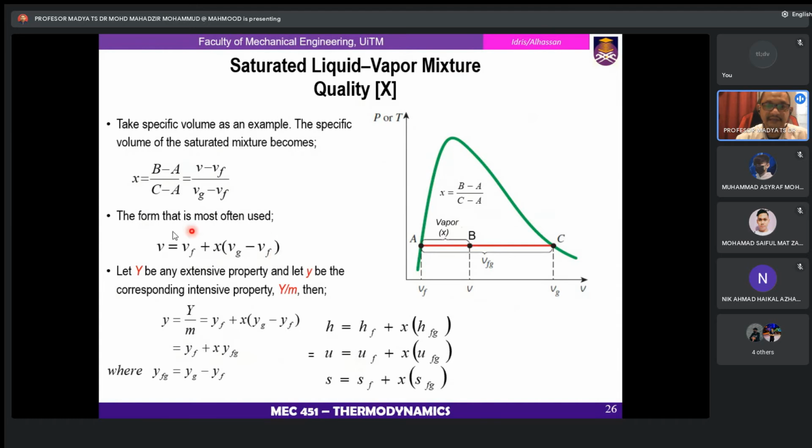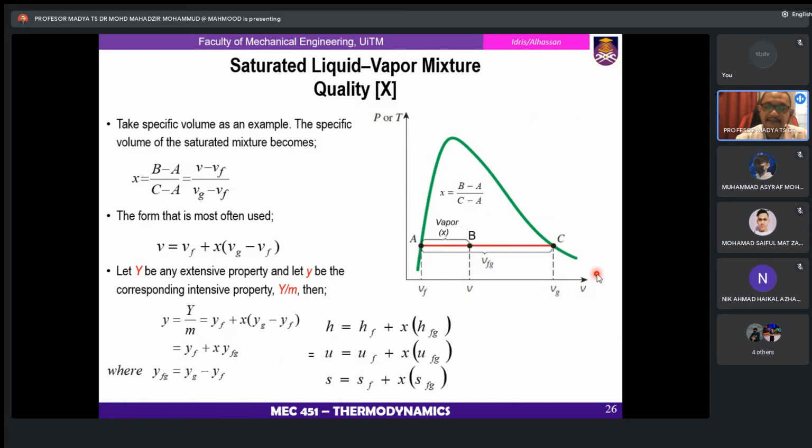This is how you find specific volume if the state is in this curve, in between the saturated liquid line and the saturated vapor line. That is for specific volume.